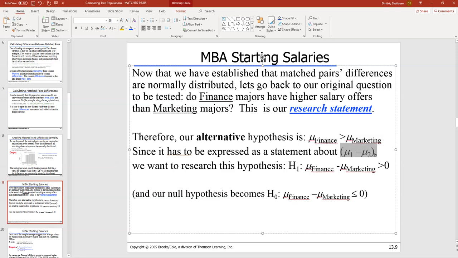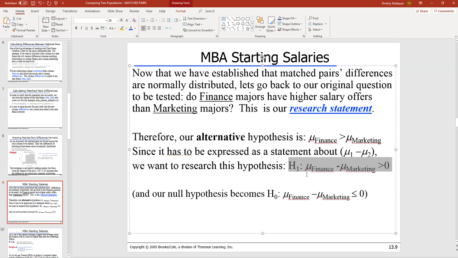So we're not testing mu1 greater than mu2 or less than mu2. We're testing each time the difference mu1 minus mu2. So instead of mu1, I'm going to use finance. Instead of mu2, I'm going to use marketing. If finance is higher than marketing, then finance minus marketing is greater than 0. It's positive, right? So therefore, there goes my alternative hypothesis.